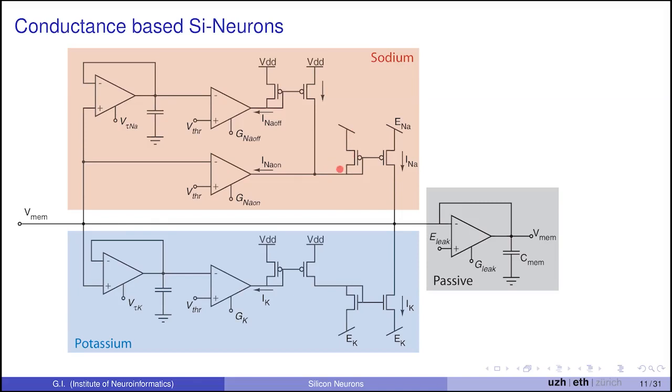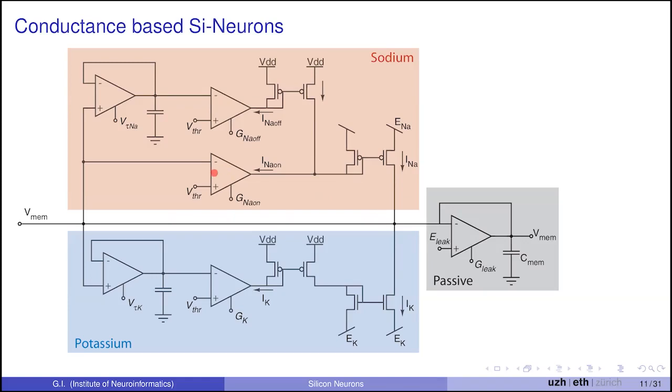So we only have INA on being sunk by the op-amp because Vmem is higher than V threshold. So this INA on is being copied back into the input, which then increases Vmem even more, which then makes INA on increase even more, which copies even more current on. So this is this positive feedback effect that I mentioned.